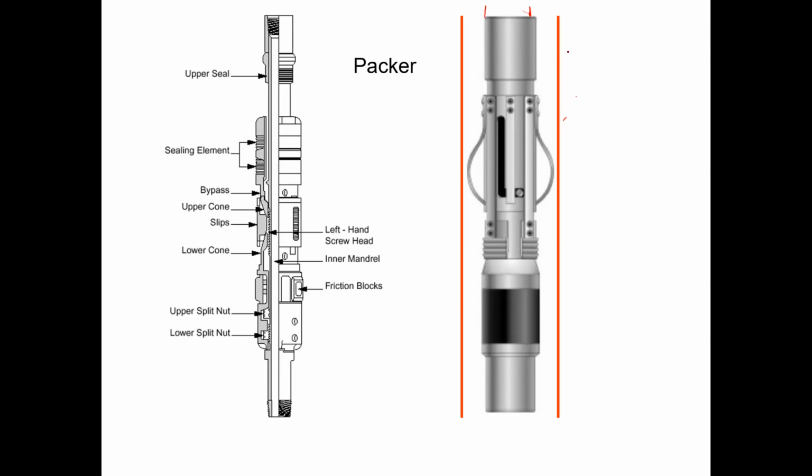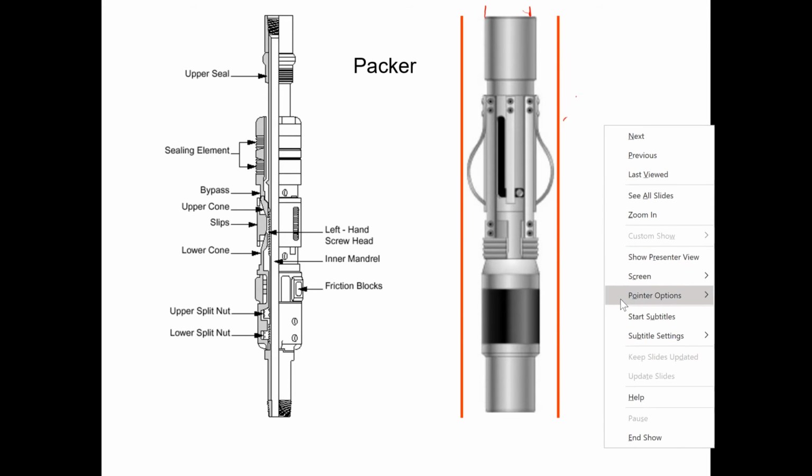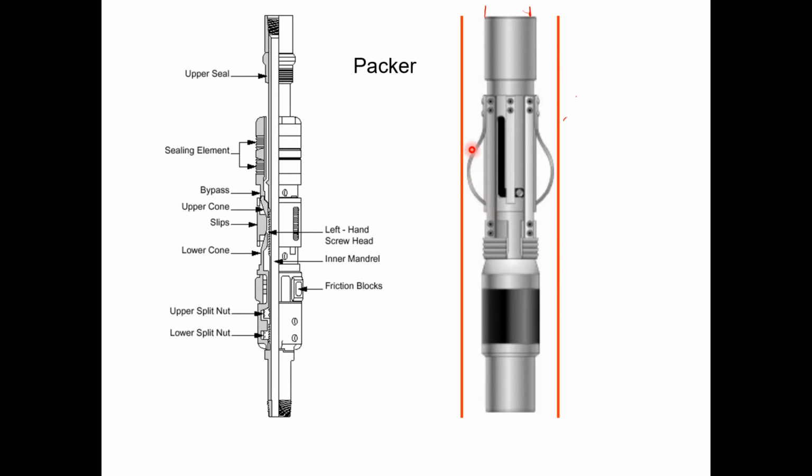Now you put a centralizer to center the packer, and then when you reach the depth, mechanically you fix it by applying pressure or rotation or squeezing the two ends, so this slip goes over this slope, yeah? And then they will be locked here.